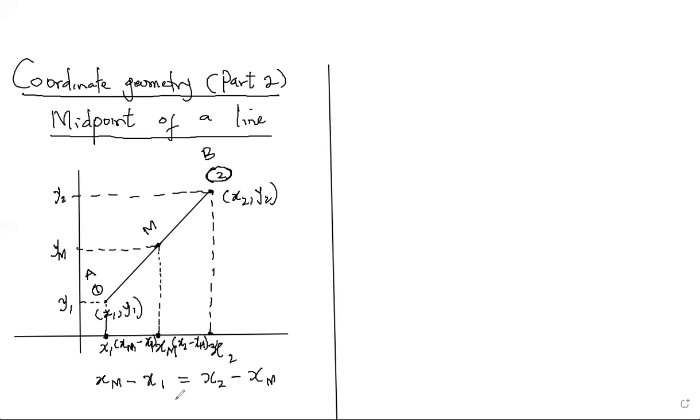If I solve for xm here, I make xm the subject of the formula, then I transfer this one to the other side: xm plus xm equals x2 plus x1. So 2xm equals x2 plus x1.